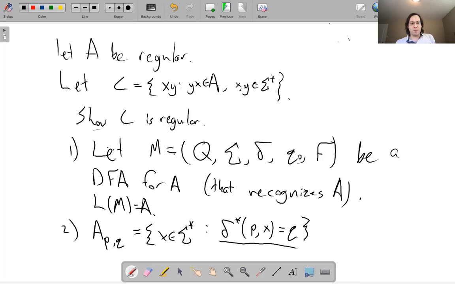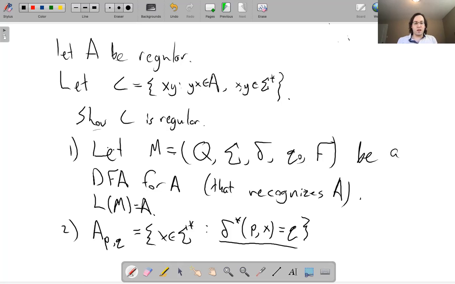The language A_PQ is the language of all strings that cause the DFA M to move from P to Q. P is not necessarily the start state, but suppose the DFA M is already at state P, then the language A_PQ is all the strings that cause the DFA to then reach Q when it reads that string.